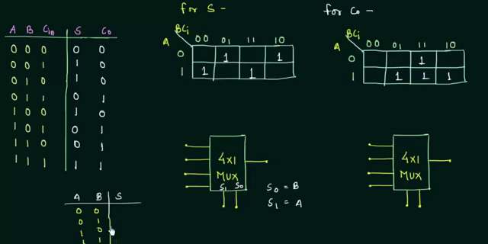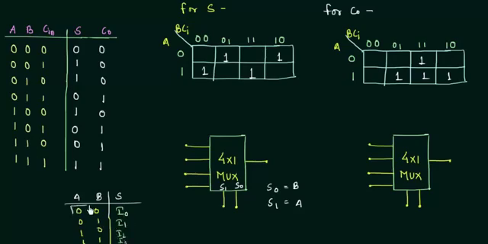Now when A is 0 and B is 0, which means when S1 is 0 and S0 is 0, the output will equal I0. Similarly, I1, I2, I3. So I have to find out the values of these inputs, I0 to I3.